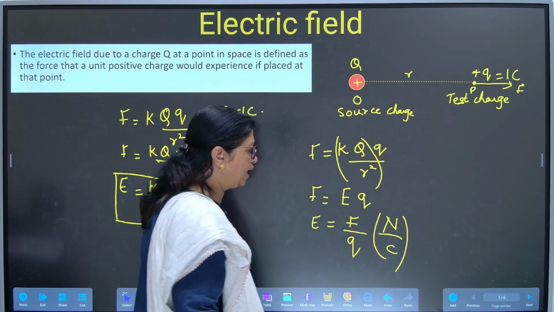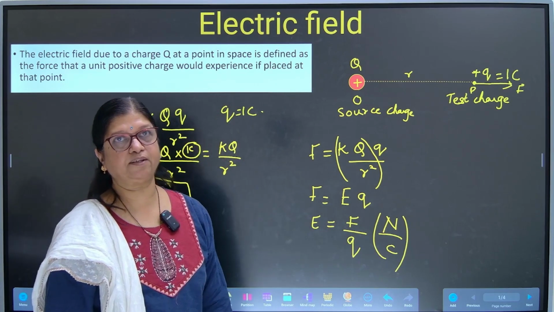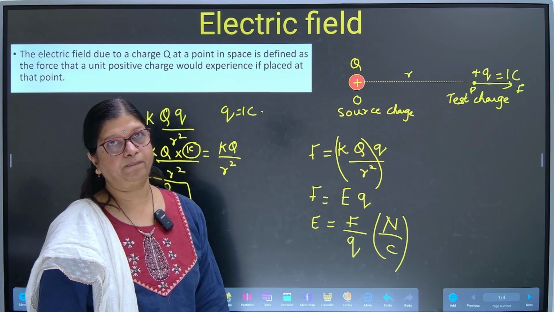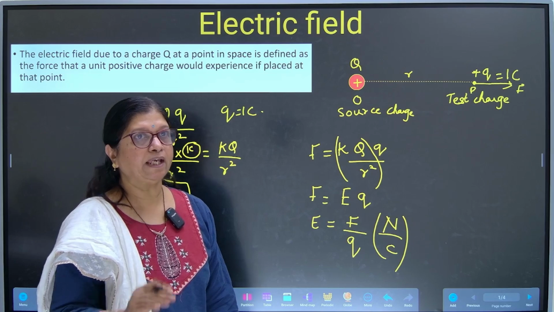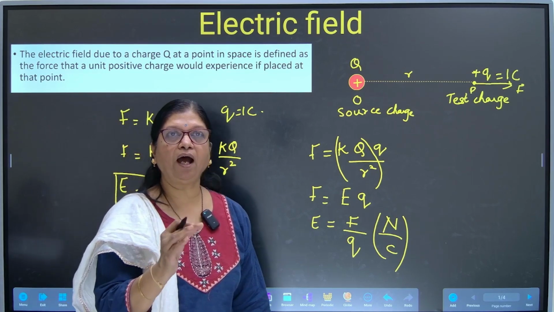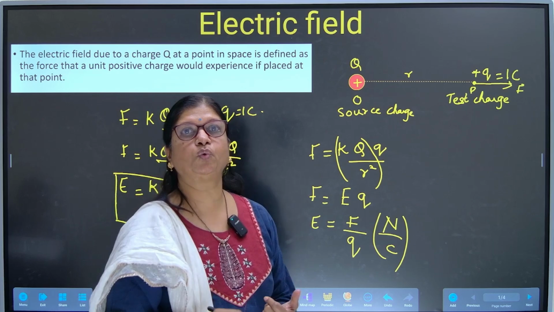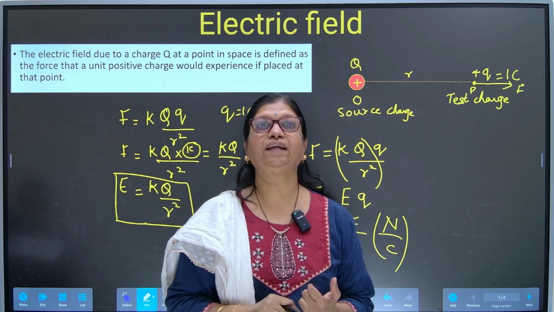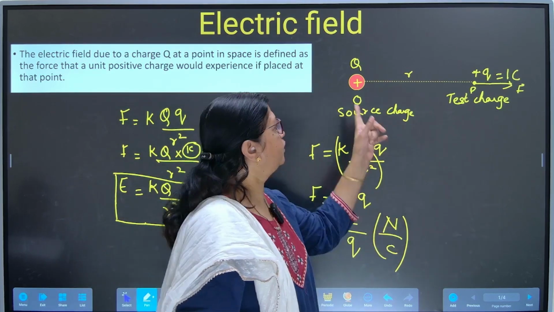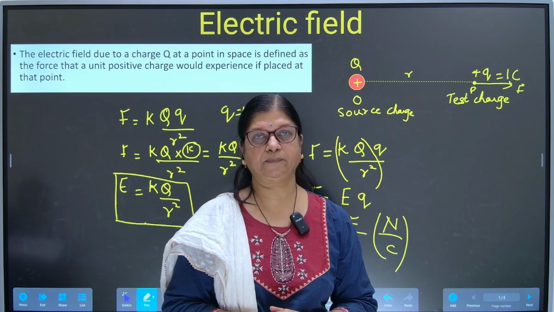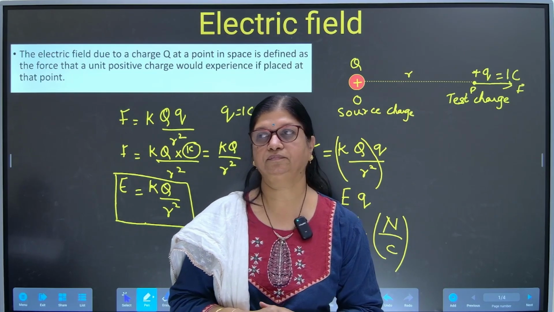This is the SI unit of electric field. Okay. So if we want to now mark it vectorially, we have to understand the direction of the electric field due to the source charge. Fine.